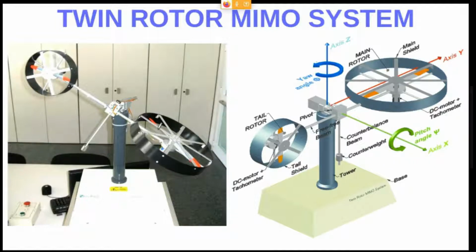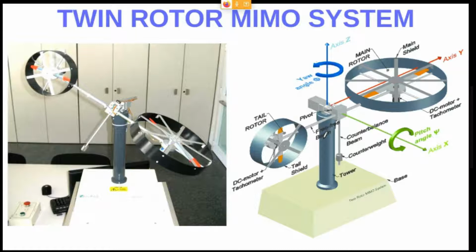We have the main rotor in here, we have the tail rotor in here, and this will be considered the two inputs to our system, because the inputs will be the voltage applied to the motors in here, to the DC motors, that will cause the movement of the blades of both rotors.